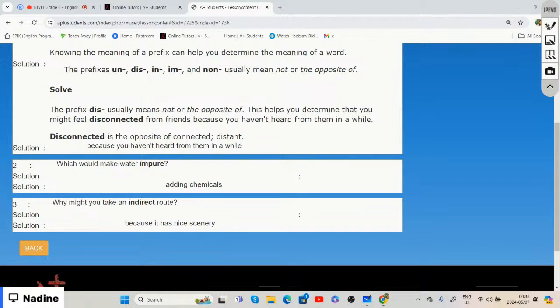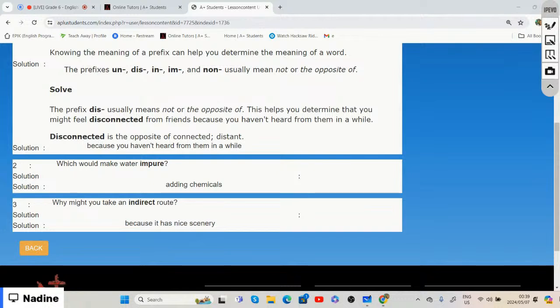So, which would make water impure? Something that would make water impure is adding chemicals. A lot of people think that adding chemicals to water would make it stiller and healthier, but you're actually making water more impure.